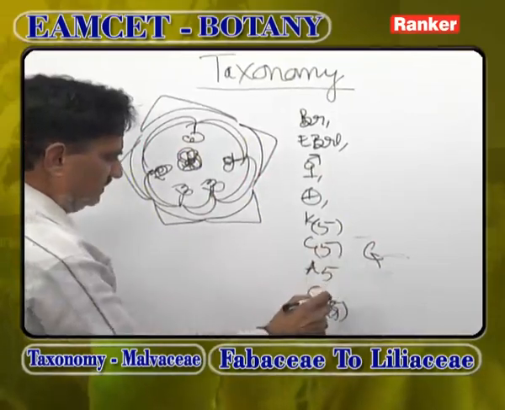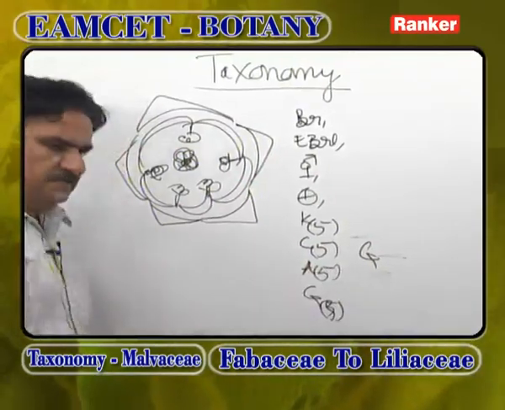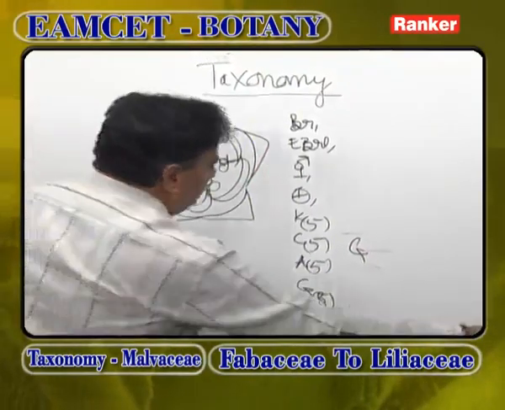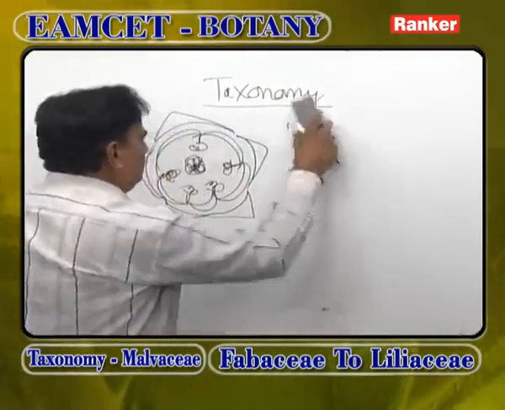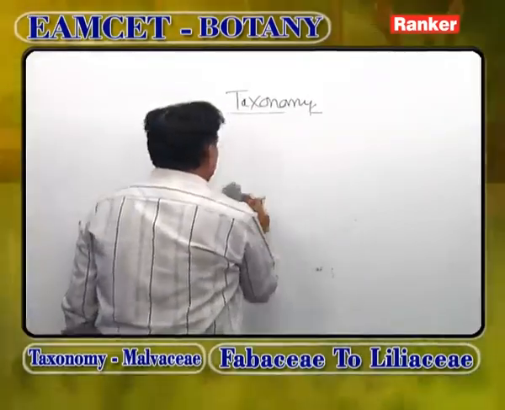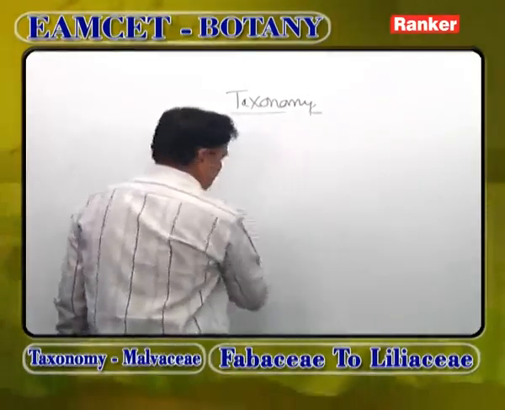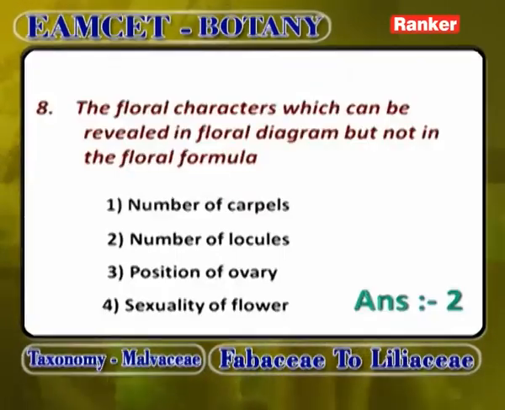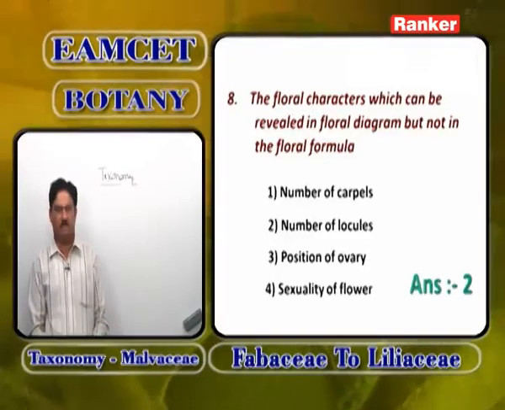Same for polypetalous, gamopetalous, free stamens or fused stamens. Here we explain only carpels, we don't tell about locules. So in a floral diagram you can find the number of locules, but in a floral formula you cannot find the number of locules. So the floral character which can be revealed in floral diagram but not in the floral formula is number of locules.